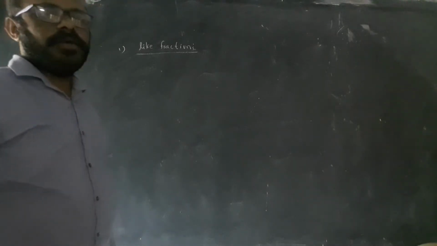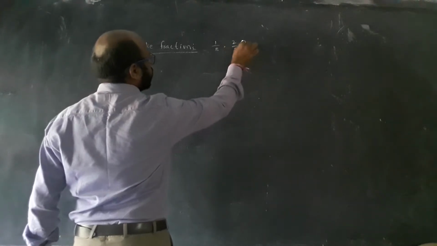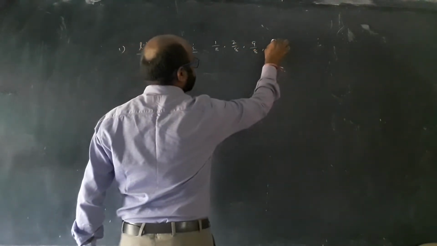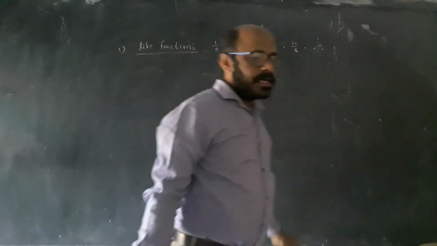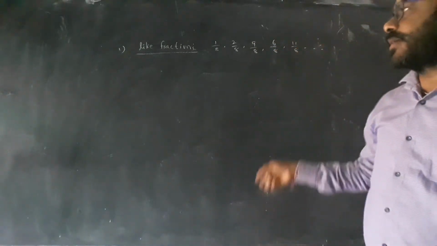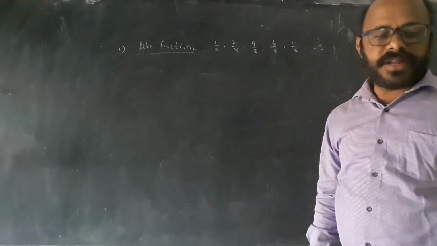Like fractions means a group of fractions that all have the same denominators, for example 1 by 8, 2 by 8, 9 by 8, 6 by 8, 11 by 8, and so on. Comparing all the denominators is compulsory. These types of fractions we call like fractions.